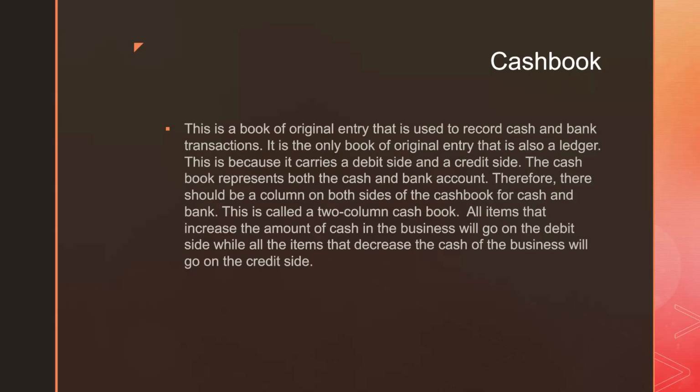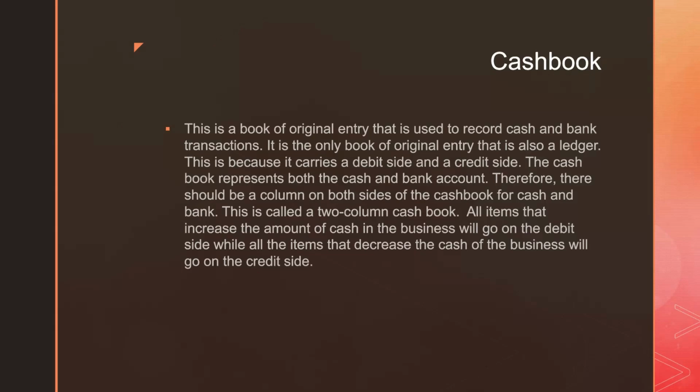The cash book carries a debit and a credit side. We use the cash book to represent both the cash and the bank account. Therefore, there's a column for cash and there's a column for bank. Now, in the 2-column cash book, you will see a column for cash and a column for bank.